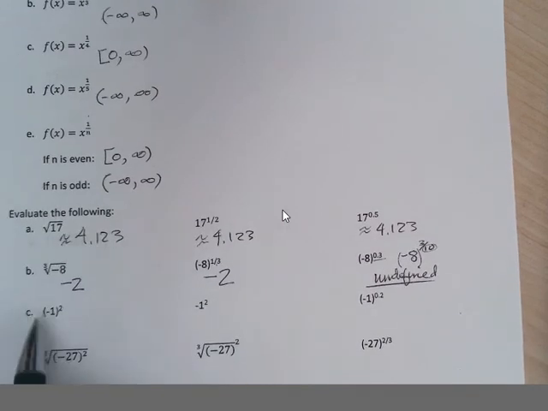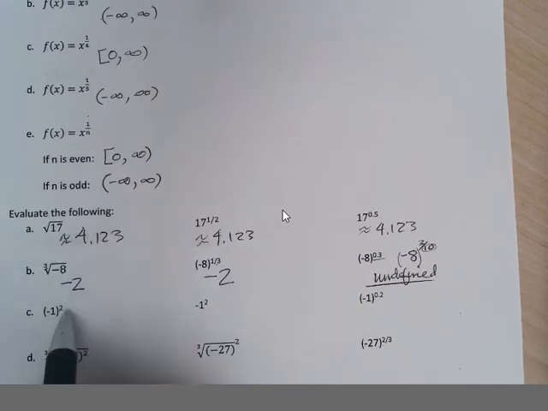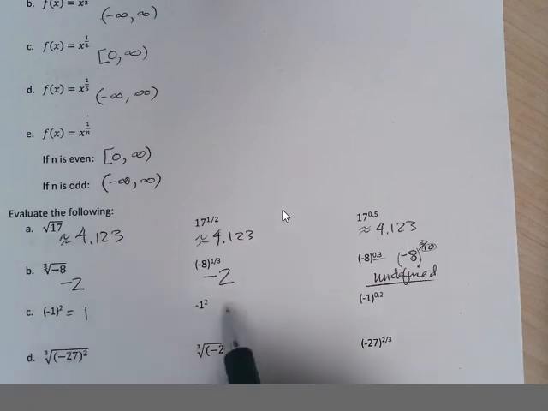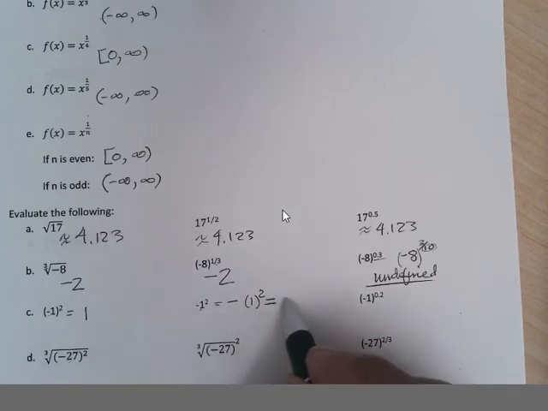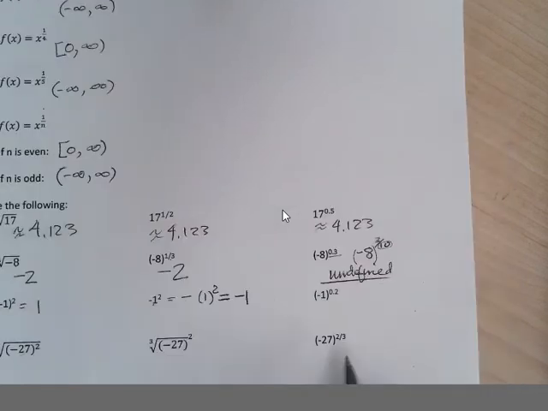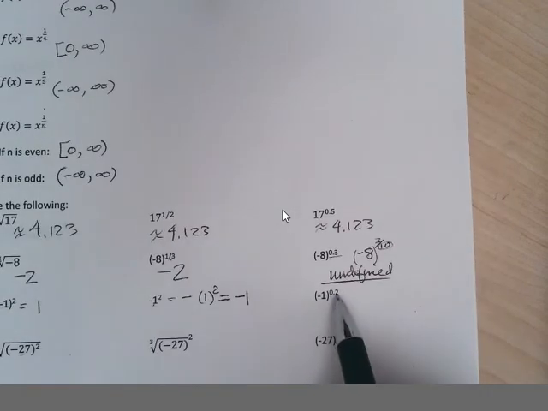-1 squared, written this way, otherwise it says -1 times -1, which is 1. But this, if you type it in the calculator, will give you -1, because it's saying the negative of 1 squared. That's how that's read by the calculator and by a good mathematician, and so that's still -1. And this says the 0.2.